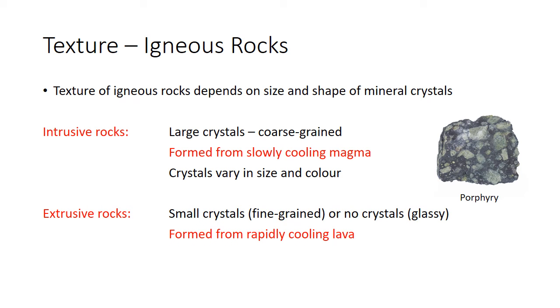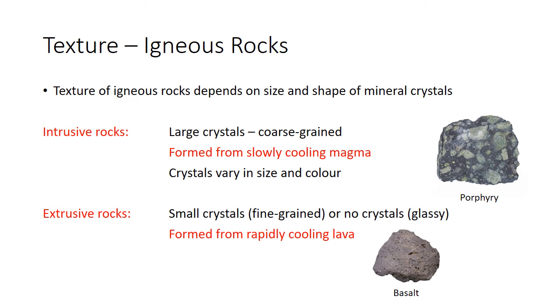For extrusive rocks, we often have small crystals, which means the rock is fine-grained, or no crystals, and that means the rock is glassy. These extrusive rocks are formed from rapidly cooling lava. This is because the lava has reached the surface and the air is colder, so the rock cools faster.